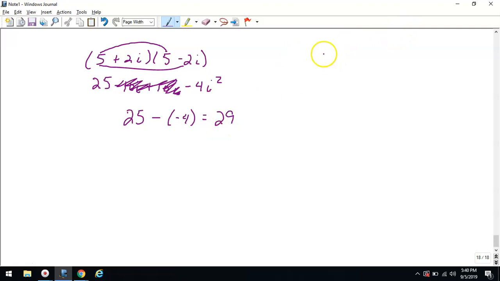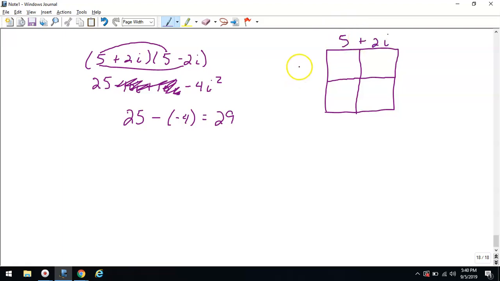If you want to do it with an area model, it would look like this. And this would be 5 plus 2i, 5 minus 2i, 25, positive 10i, -10i, -4i squared.